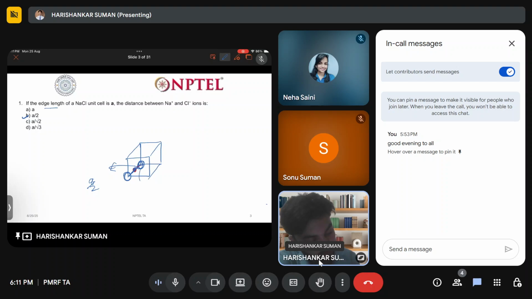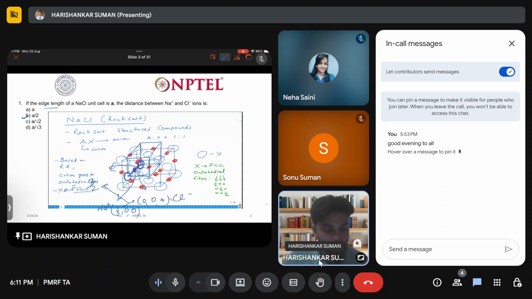So you can find out by coordinates: put 0, 0, 0 as Cl minus and Na plus will be at half, 0, 0. So distance between these points will be half.